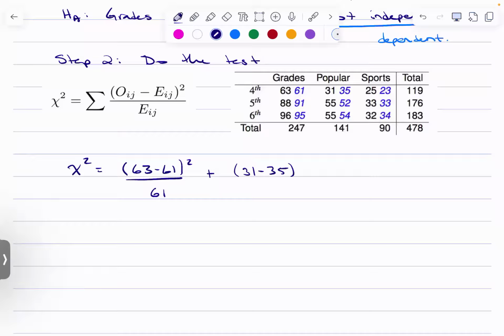How far is it from 35? I square it, divide by 35, plus, ding, ding, ding, ding. I'll pick up here at the very end. So you do it for each cell. 32 minus 34 squared divided by 34.